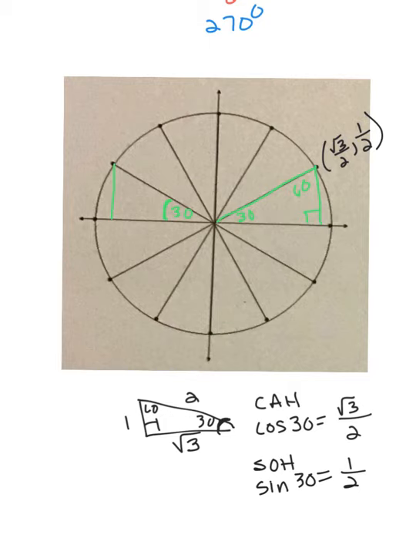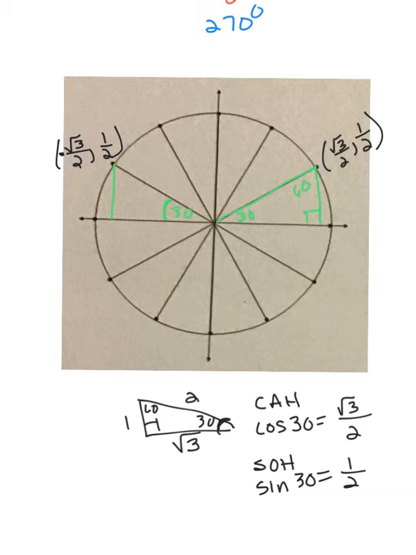What that means then is that the cosine is the x-coordinate, and we said that cosine for 30 degrees was the square root of 3 over 2. The sine is the y-coordinate, and we said the sine is 1/2. But remember, when you are in the second quadrant, your x-coordinate must be negative. So the cosine is negative square root of 3 over 2.